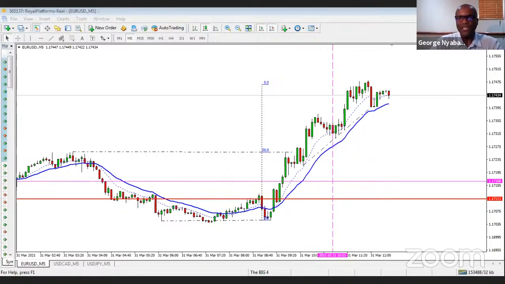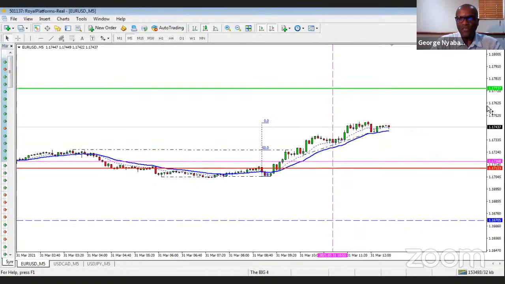But just in case you are watching this for the first time, I'm just going to go through each of the 3 currency pairs: the euro versus the dollar, USD CAD, and the dollar versus the yen. Those are the 3 currencies that I'm trading on the 5-minute time frame.